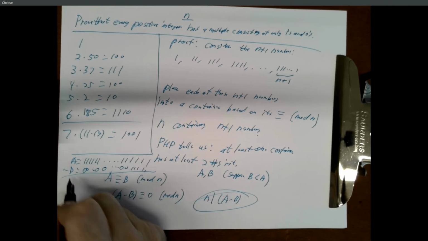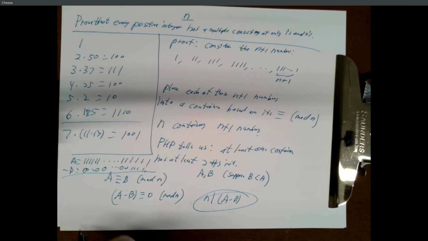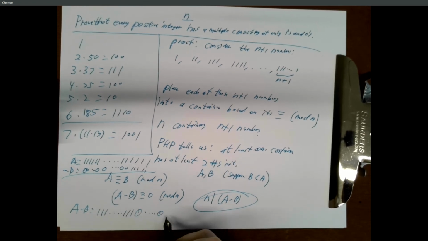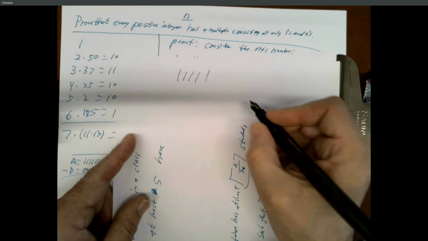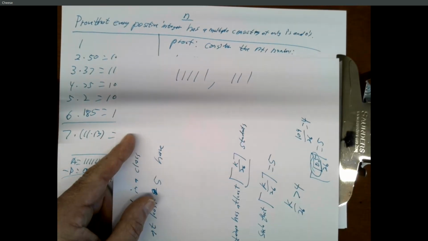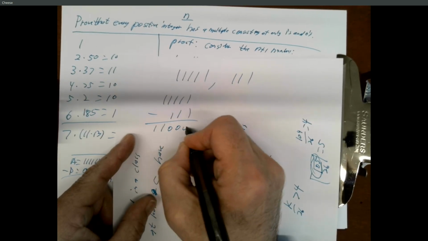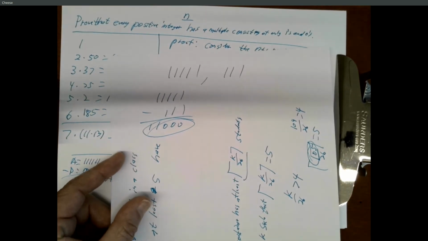If I do a minus b, what am I going to get? I'm going to get a bunch of 1s followed by a bunch of zeros. For example, if my 2 numbers were this and this, their difference is going to look like this. It's going to be a number consisting of just 1s and zeros.